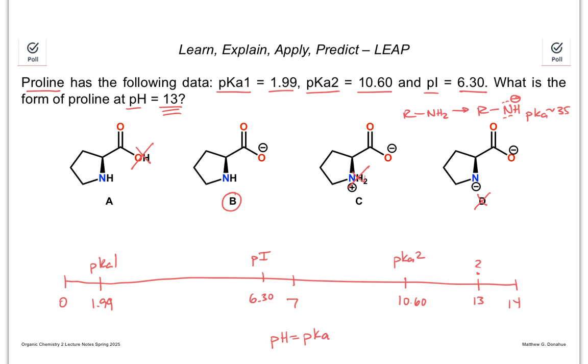So that ammonium has to become the amine. So we're looking at this pKa2 value where ammonium gets deprotonated to the neutral amine. That's how we arrive at B. So at pH 13, this is going to be the structure of proline.